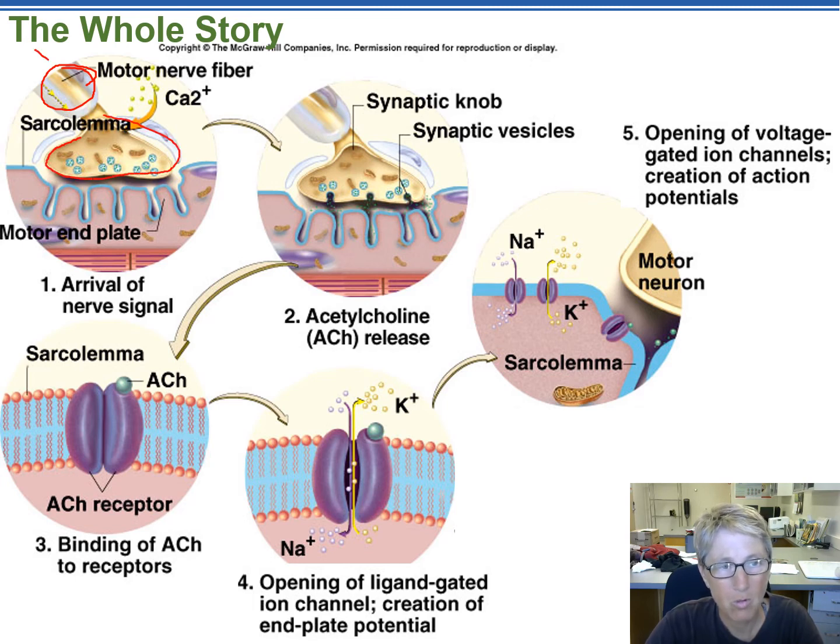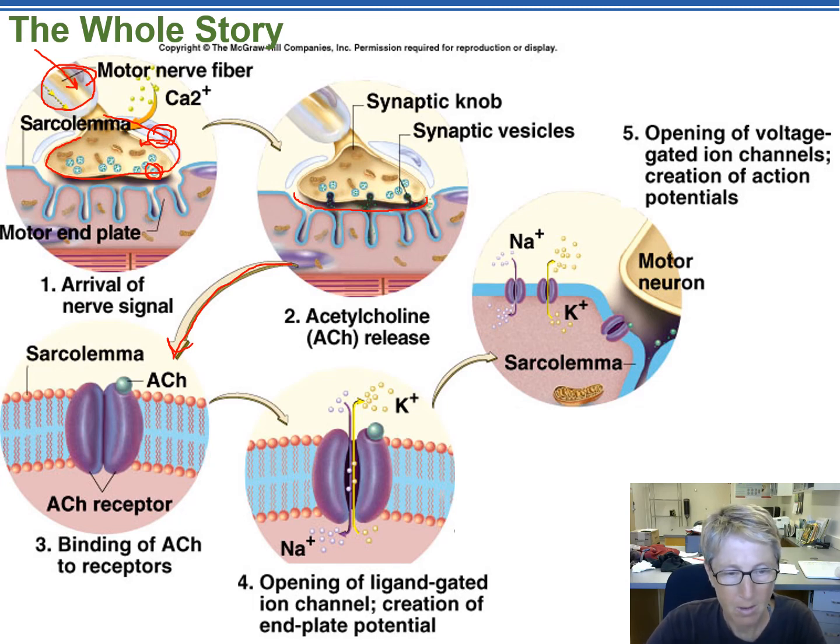Remember, the action potential comes down the axon of the motor neuron, and it opens these voltage-gated calcium channels, and then calcium floods in, a whole bunch of biochemistry occurs, and then in the next step, the acetylcholine-containing vesicles will release acetylcholine into the synaptic cleft.